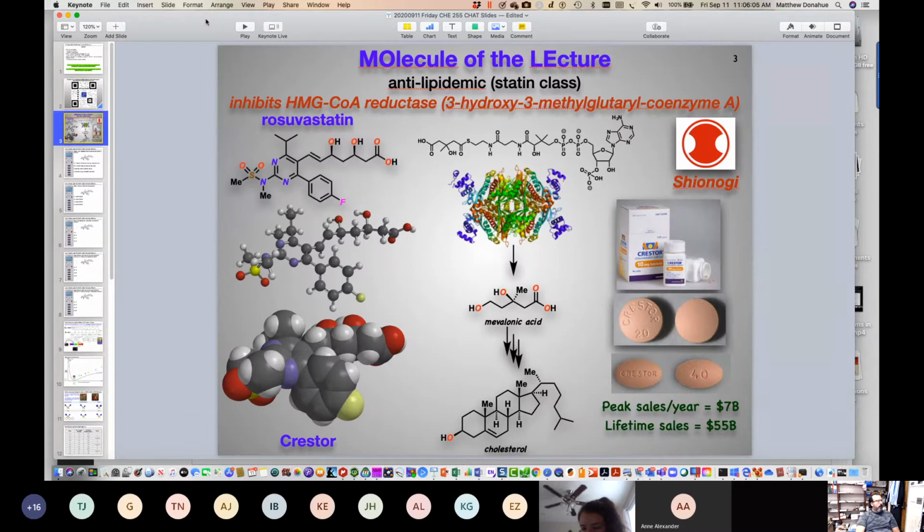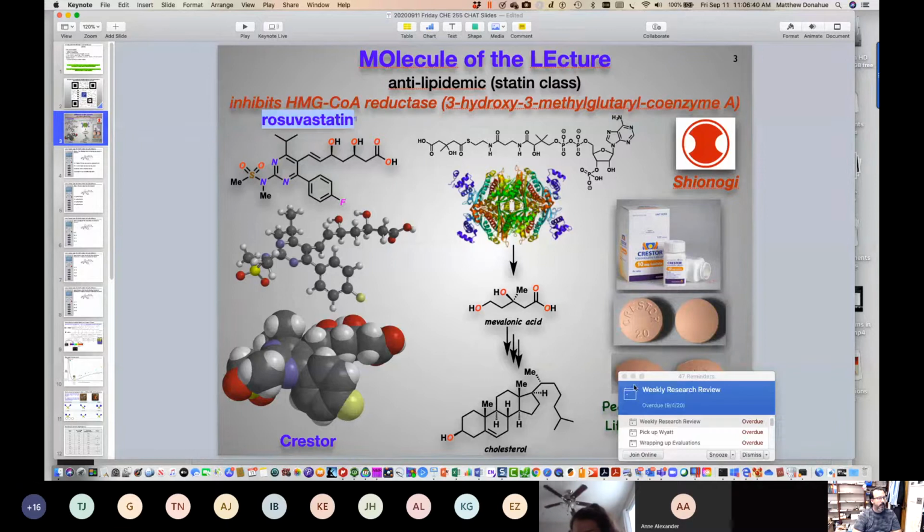So here is Crestor. The generic name is rosuvastatin. I mentioned this before, if you're going into med school or pharmacy school or veterinary school, and you are given the responsibility of prescribing FDA-approved drugs to your patients, a lot of them have certain class names, and the suffix or ending of that class name.